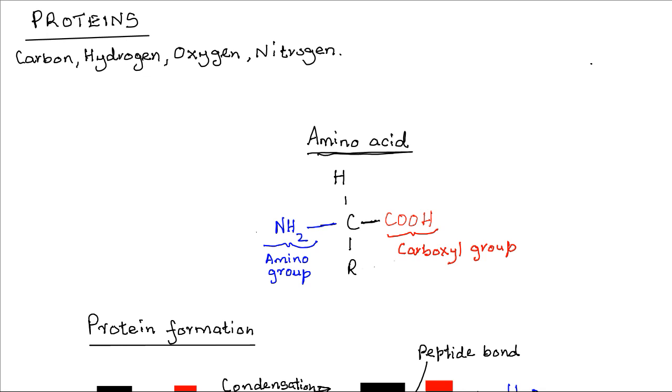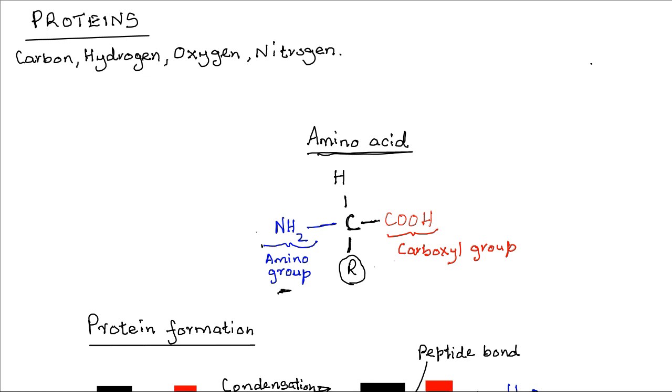That is, an amino acid has a carbon atom at the center, joined to hydrogen at one end, a side group known as the R group at the other end, and then a carboxyl group and an amino group.